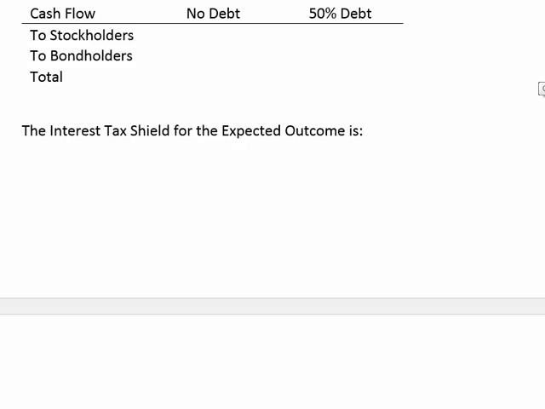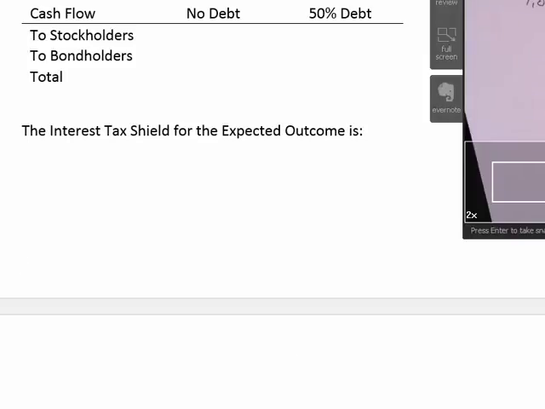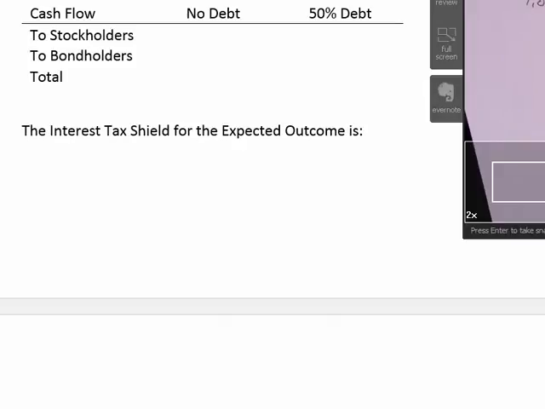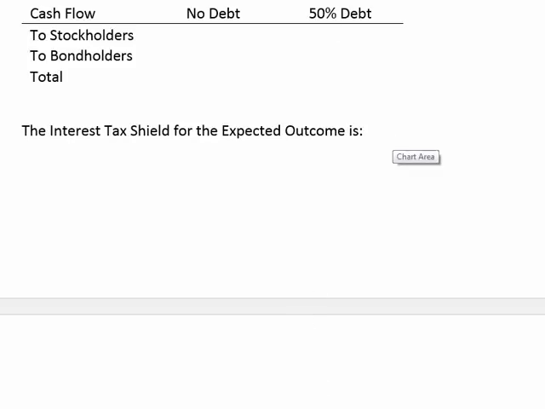So I take $60,000 divided by 300,000 shares, gives me 20 cents per share. The second case is $360,000 divided by 300,000 shares would give me $1.20 per share. And the last case is $660,000 divided by 300,000 shares, gives me $2.20 per share.